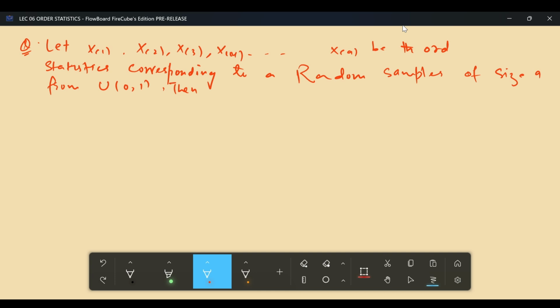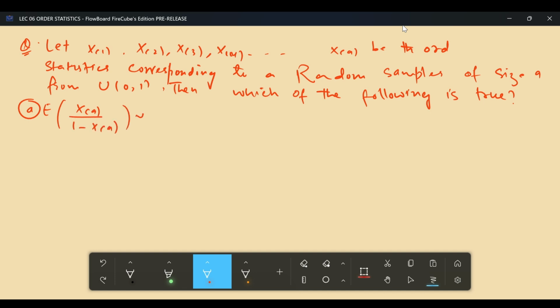Then which of the following is true? A. Expectation of X9(1 minus X9) is finite.